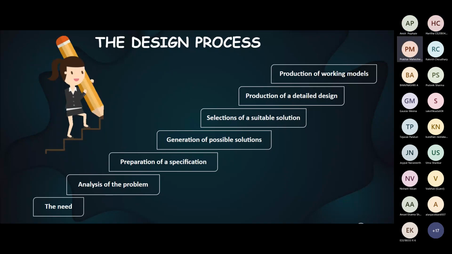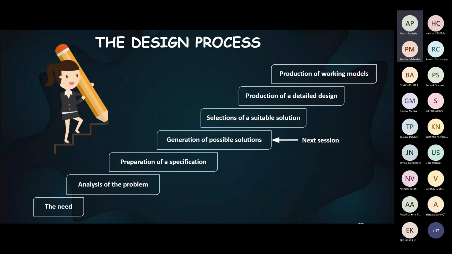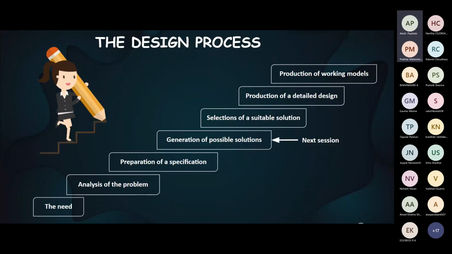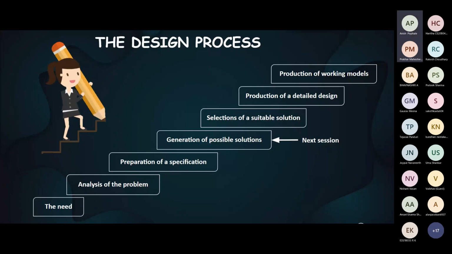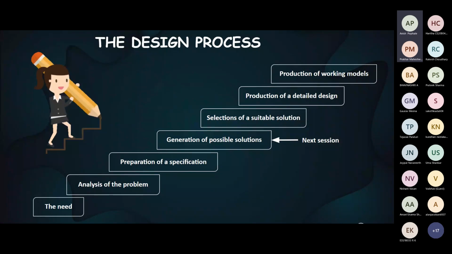So with this, we have now covered the first three steps in this design process: the need, analysis of the problem, and preparation of a specification. In the next session, we will continue this design process from the next step, which is generation of possible solutions.